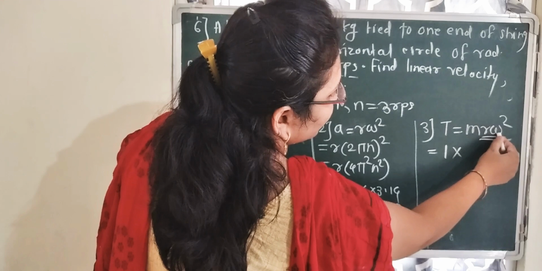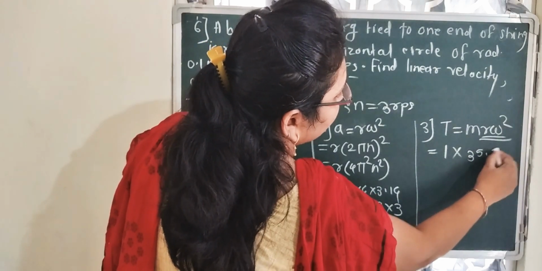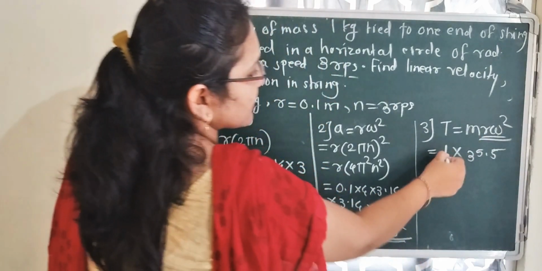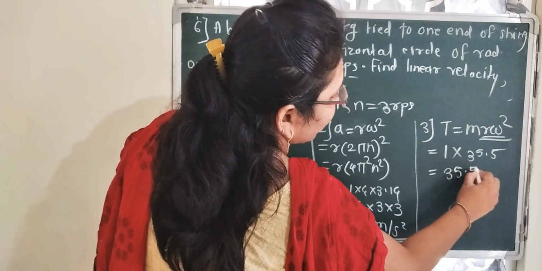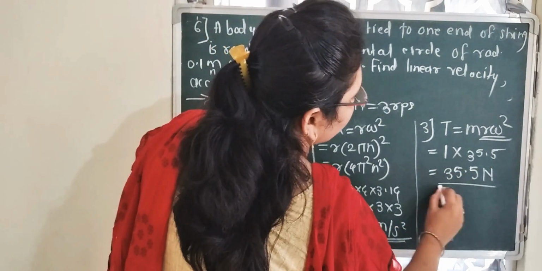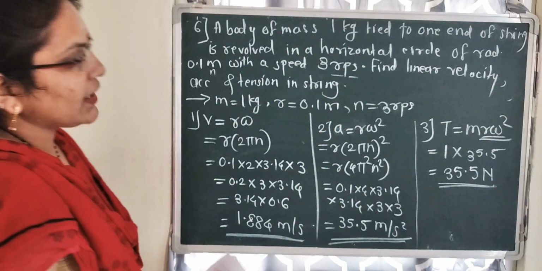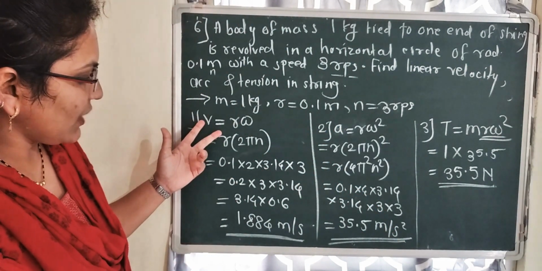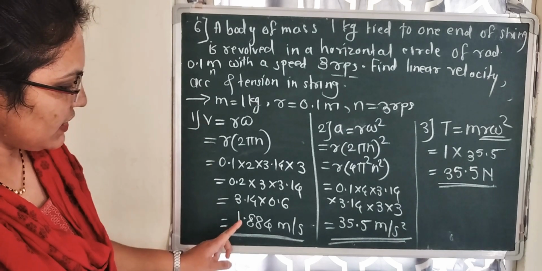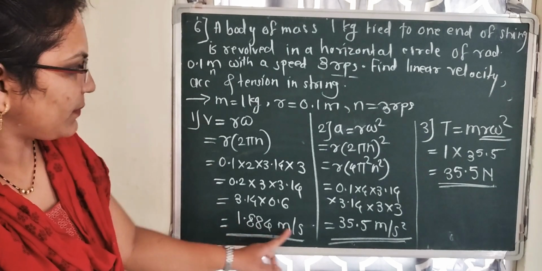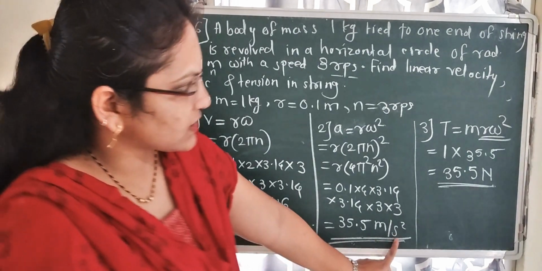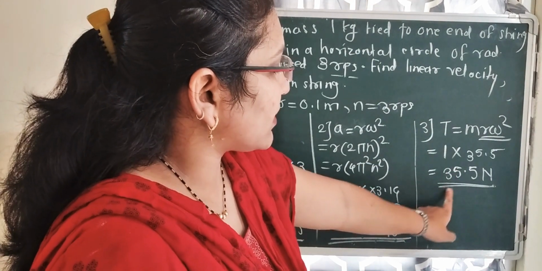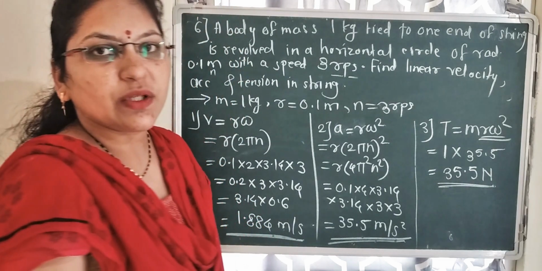So in place of r omega square, you can write 35.5 and mass is 1 kg. So the final answer will be 35.5. Tension will be in Newton. Here we have got 3 quantities: linear velocity 1.884 meter per second, acceleration 35.5 meter per second square, and tension in the string is equal to 35.5 Newton. Okay.